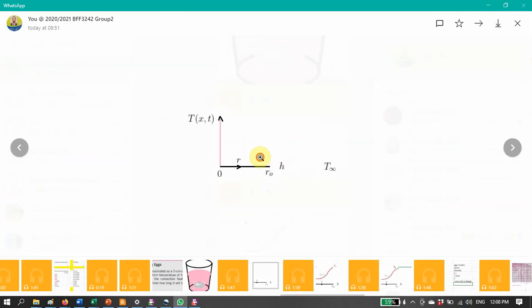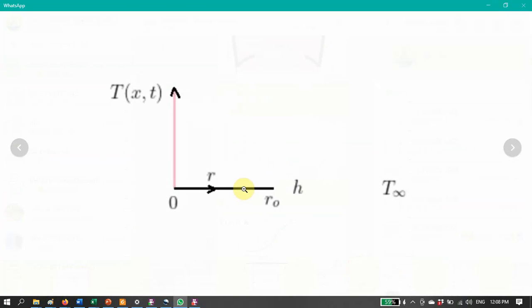And next is how we model the problem. So we model the problem as a one-dimensional heat transfer system. If you look at the images, when I'm saying one-dimensional, it refers to the black line, right? So you have a center point, r equal to 0, and the maximum radius, which is r0.